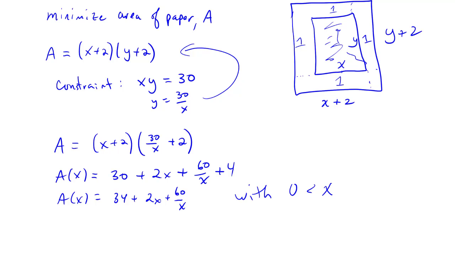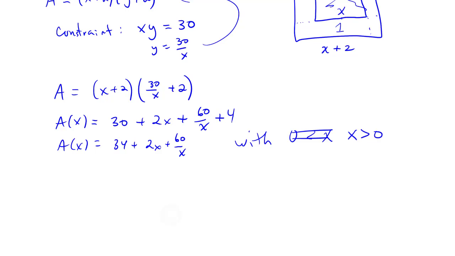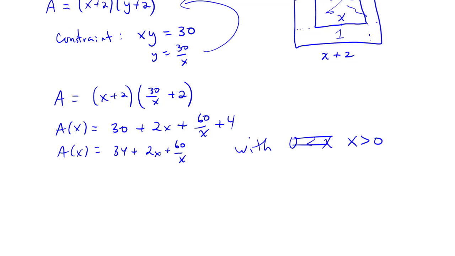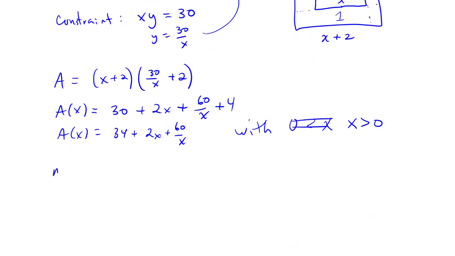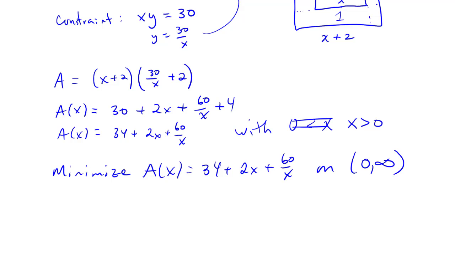It's unlikely. So really x is just going to be greater than 0. So our whole problem here now is to, what do we say we're doing? Minimize A of x equals 34 plus 2x plus 60 over x on 0 to infinity.